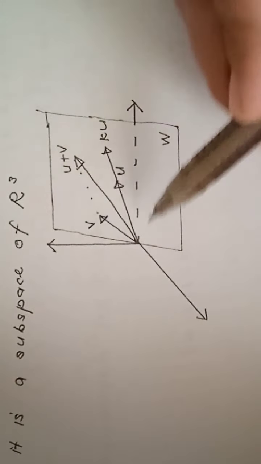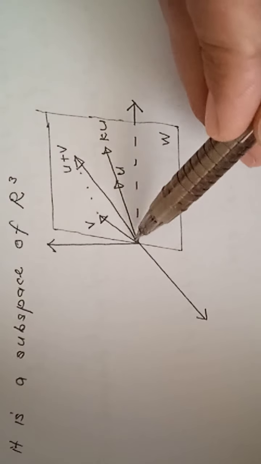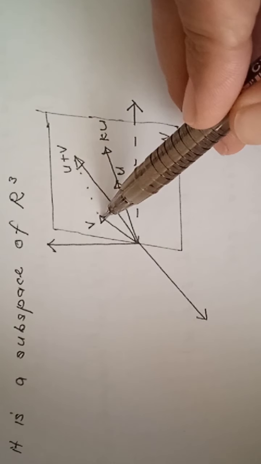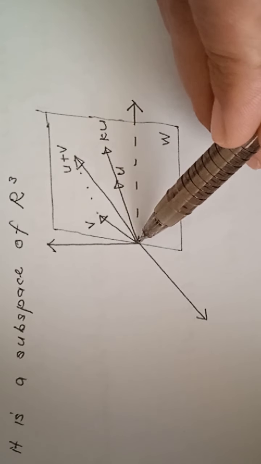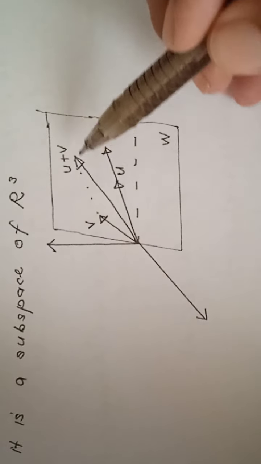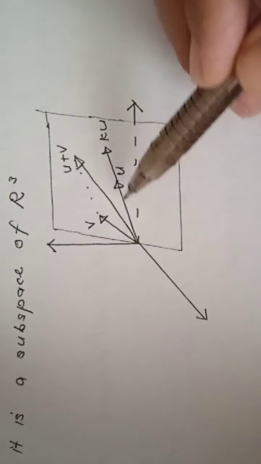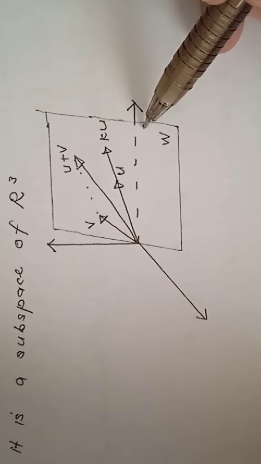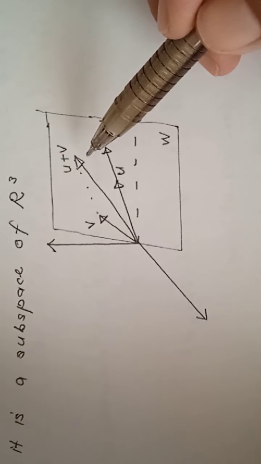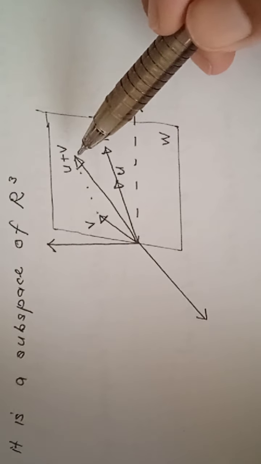So let's say this is u and this is v. Using addition of vectors, u plus v is this one, and u plus v is still in the R3 space. So that's why u plus v also lies in R3. The first condition is met.